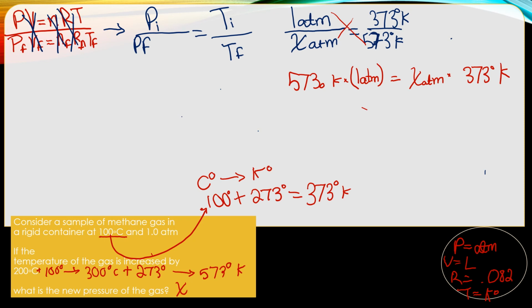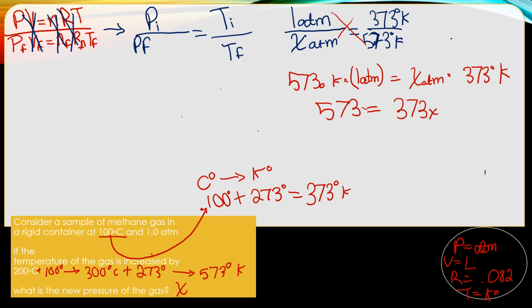Now let's evaluate. 573 times 1 is 573 equals 373x. So now we need to isolate x.